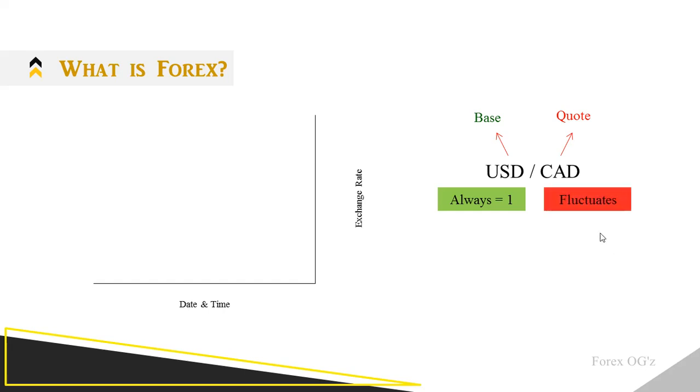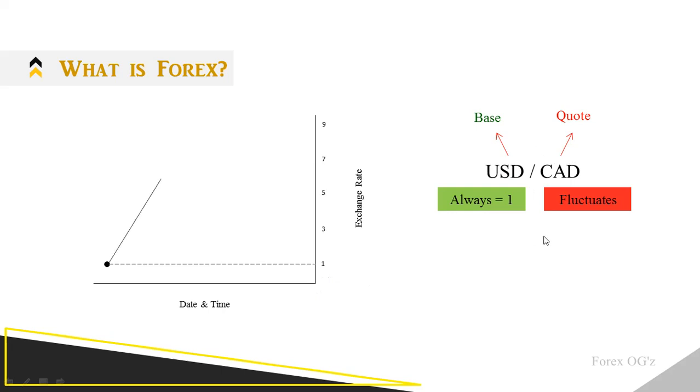Now, I want to demonstrate this to you on the chart. So I want to bring your attention to this graph right here. Assume that at one point we had our USD being equal to our Canadian dollar, right? So USD being 1, as it is always 1, the base currency always being 1, and the CAD, the Canadian dollar, also being 1. So this would have meant that both these currency pairs are equal in value.